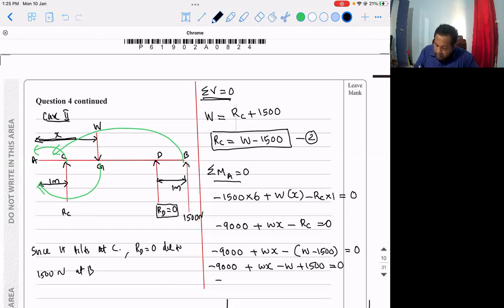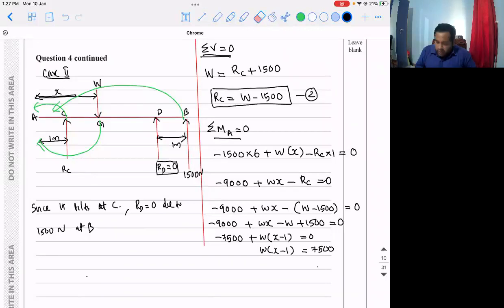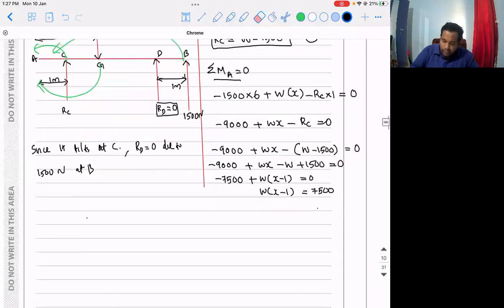If I'm simplifying this, minus 7,500 plus W times X minus 1 is equal to 0, or W times x minus 1 is equal to 7,500. So we simplified this beautiful equation. So we developed another equation. What is that? W times x minus 1 is equal to 7,500.